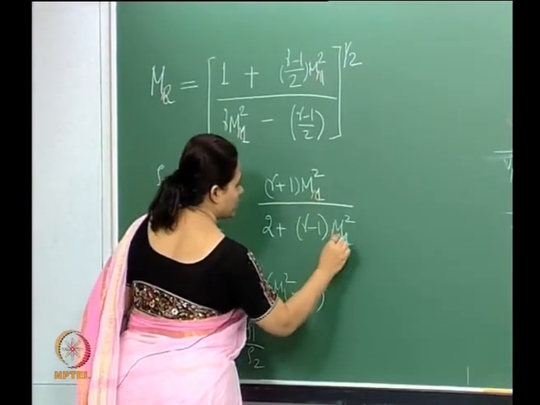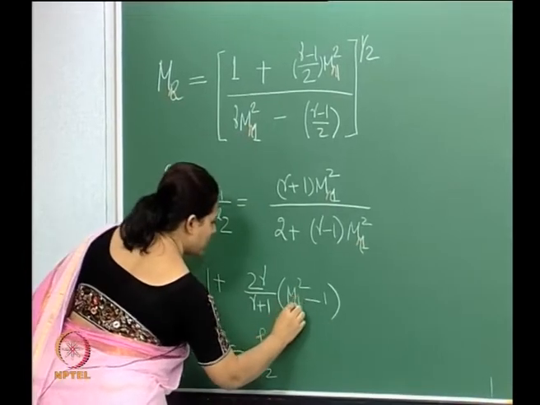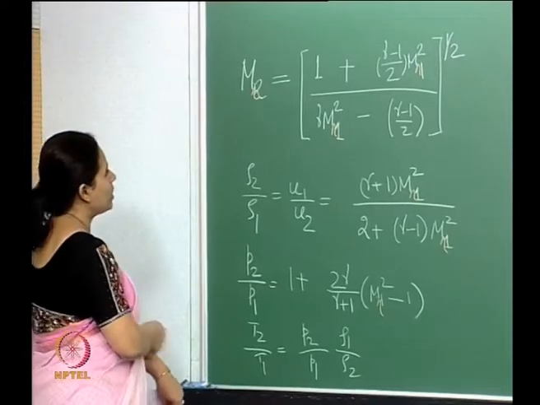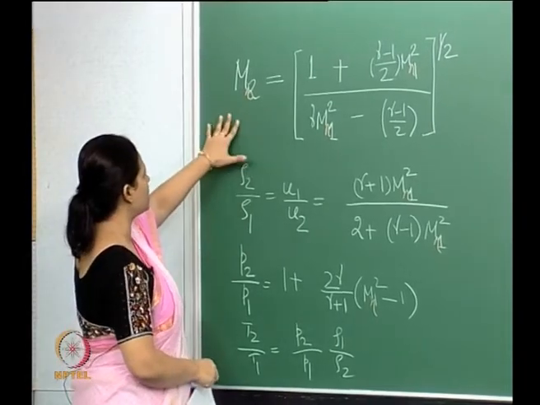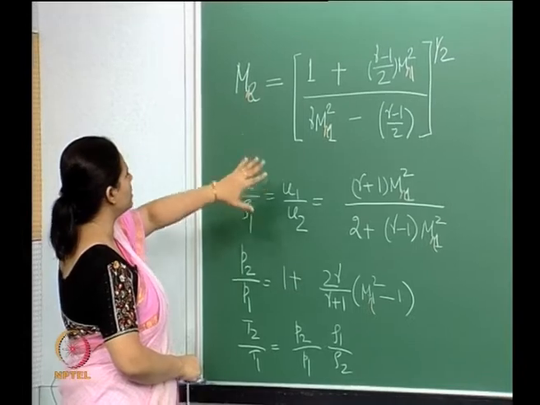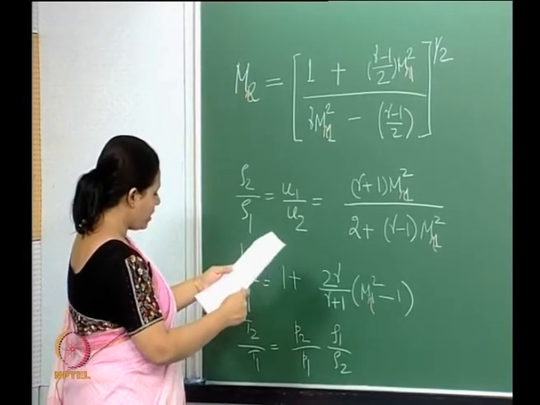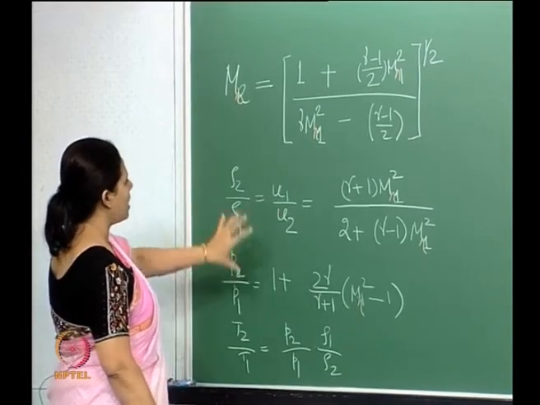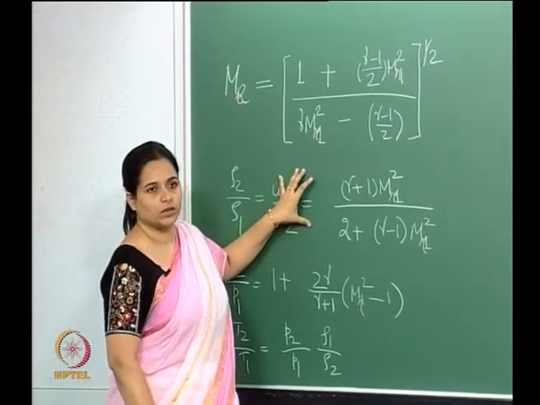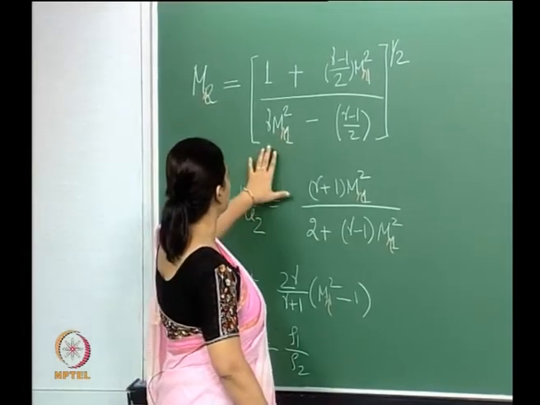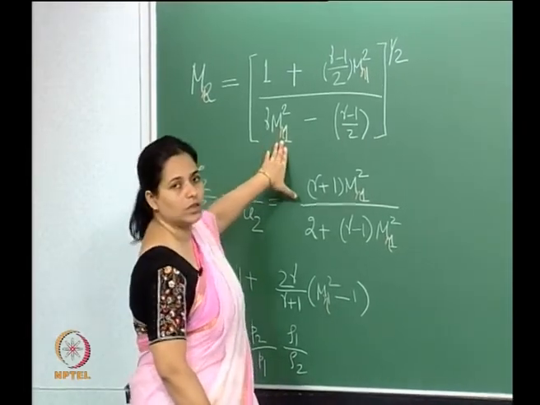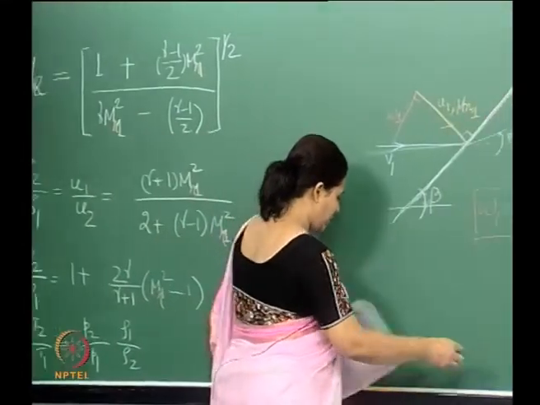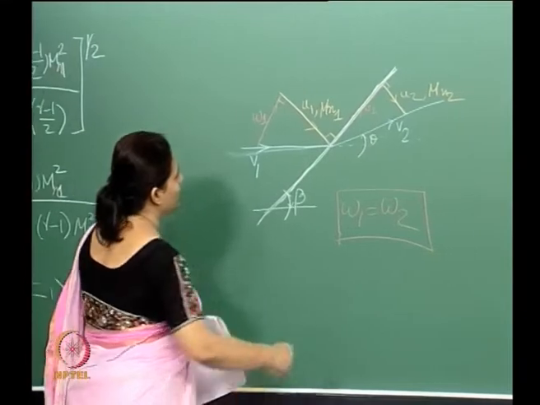So all I write here is Mn, all I write here is Mn, and so on and so forth. Right? So these relations are now valid for an oblique shock. Okay, and I write all of these expressions in terms of the normal Mach number over here. Okay, now taking from there, this is our geometry.